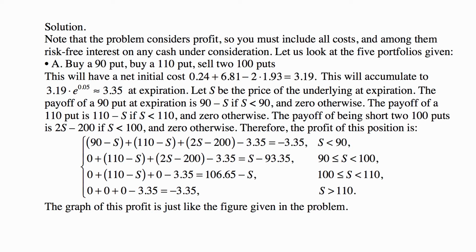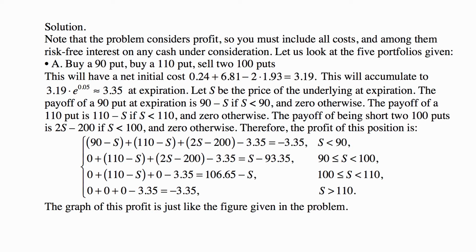The payoff of a 110 put is 110 minus S if S is less than 110 and 0 otherwise. The payoff of being short two 100 puts is 2S minus 200 if S is less than 100, and that's just minus the payoff of the put multiplied by 2.